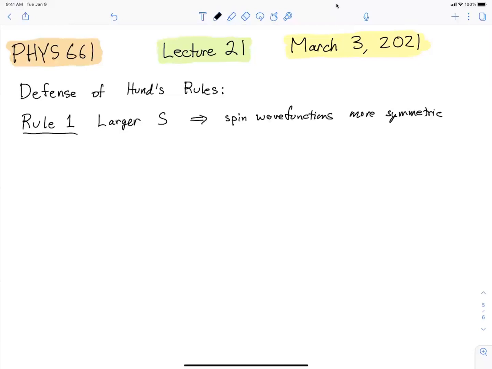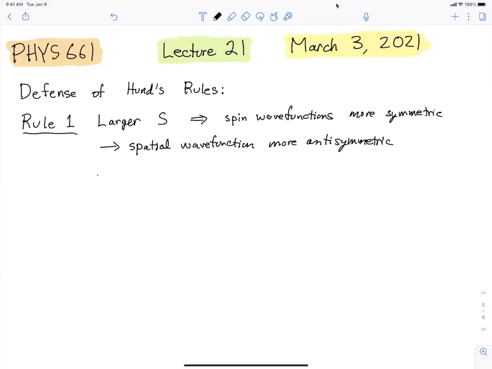So if the spin wave function is more symmetric, that means that the spatial wave function has to be antisymmetric. I'm going to write more antisymmetric here, because in some cases you can have mixed symmetries and antisymmetries between these.